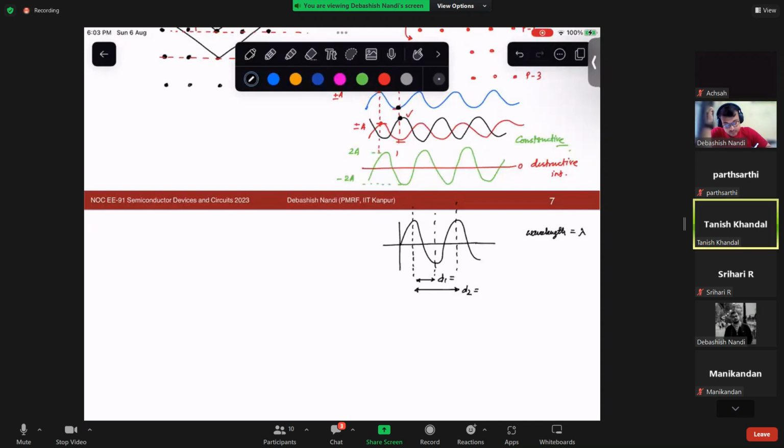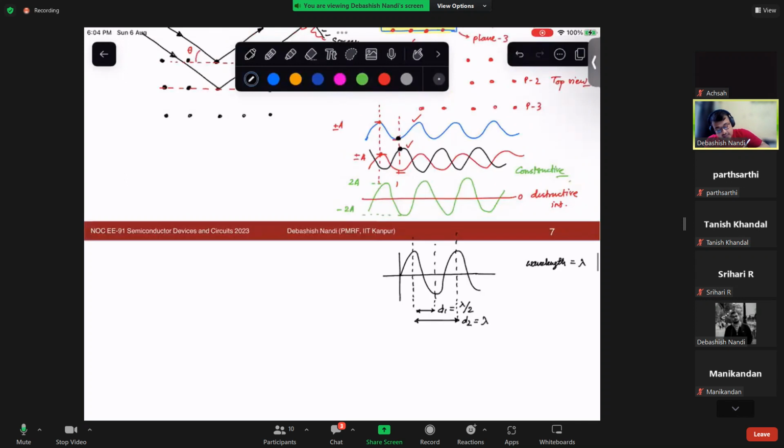Not d2 minus d1, but d1 individually and d2 individually. d1 is lambda by 2. d2 is lambda, right?